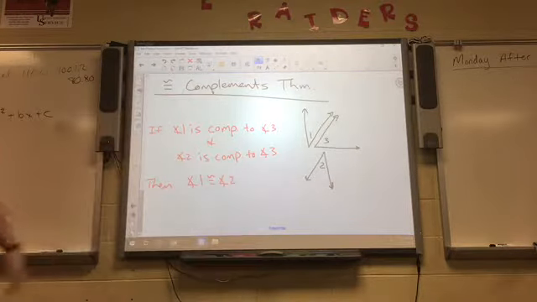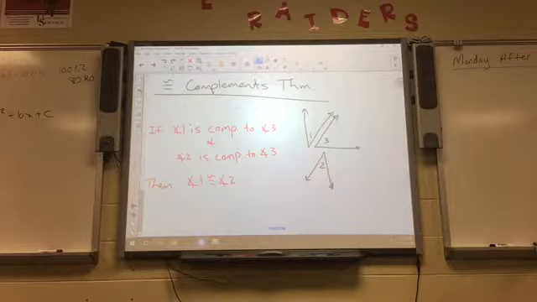Has to be. It's the exact same theorem, but instead of the word supplement, it uses the word complement. Instead of adding to 180, they add to 90.